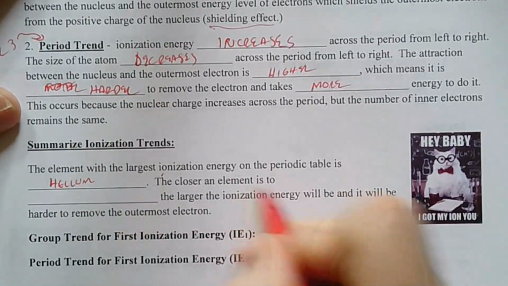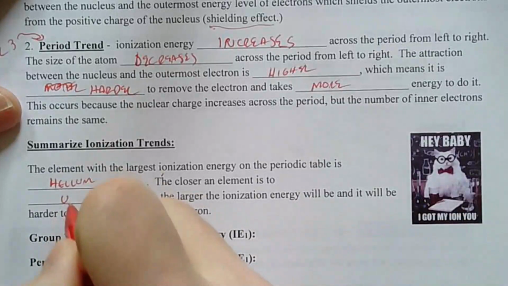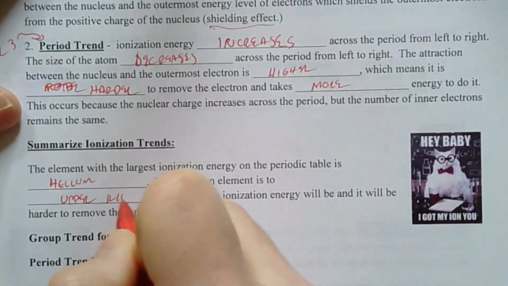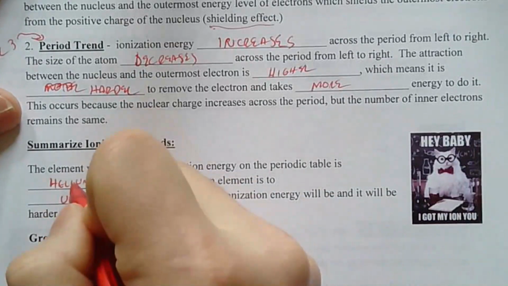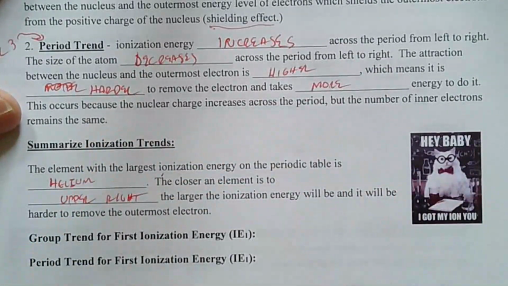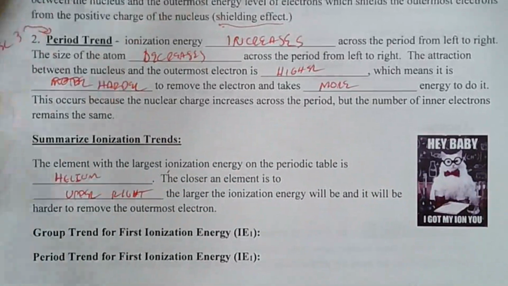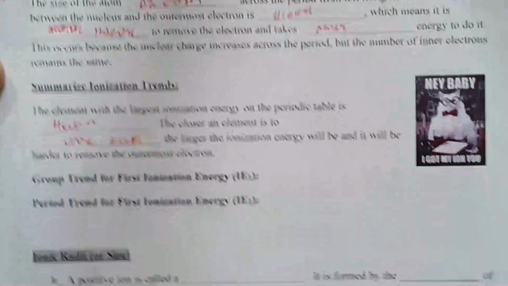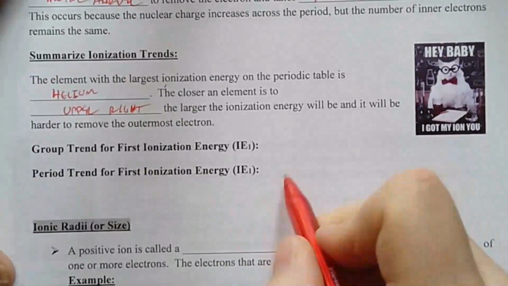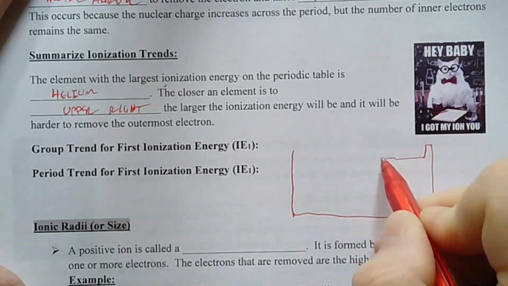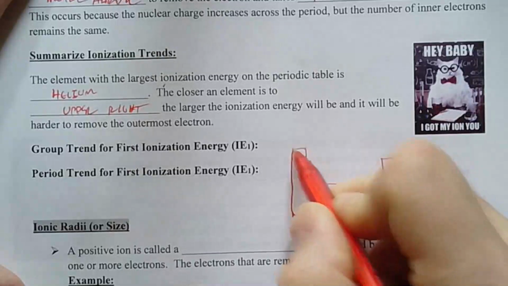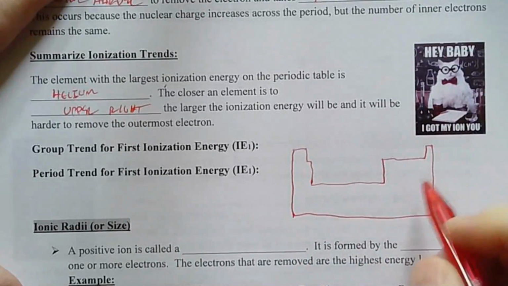Basically, the closer the element is to the upper right corner, which is where helium is, the larger the ionization energy, and it's going to be harder to remove that outermost electron. So here's our periodic table for ionization energy.